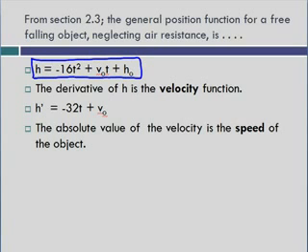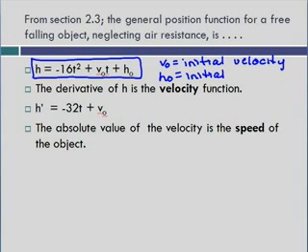And in this particular equation, the v sub o stands for the initial velocity, and the h sub o stands for the initial height. So if they give us that information, then we can plug it in to get our general position function.